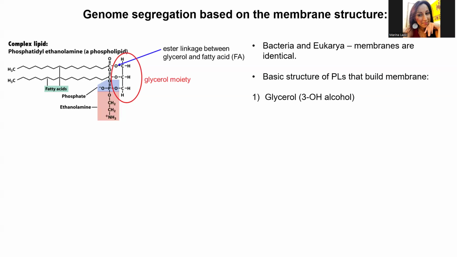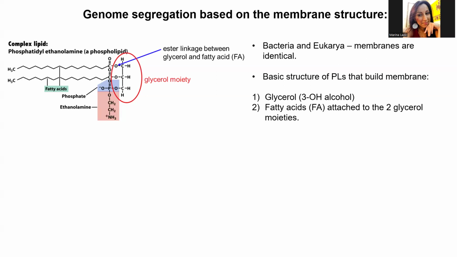Glycerol is nothing else but a 3-hydroxyl alcohol that can also be used as a carbon source for some bacteria, which we will cover later. The next component of the plasma membrane in bacteria and eukaryotes is fatty acids, or FA, and they're usually attached, or esterified, to the glycerol moiety, which you can see here in the picture.